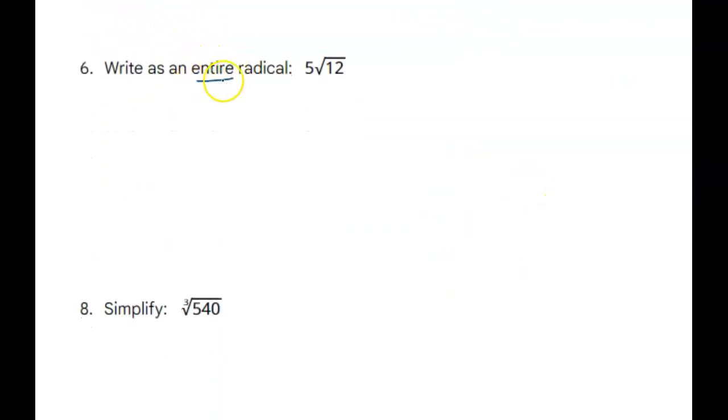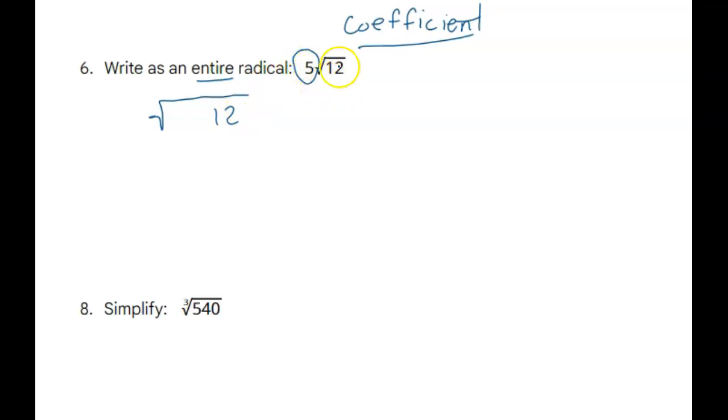Writing as entire radical is a matter of reversing the process. So you take the numbers that are outside, the coefficient, and we're going to put it back underneath the radical sign. So what was 5 before it was taken out?